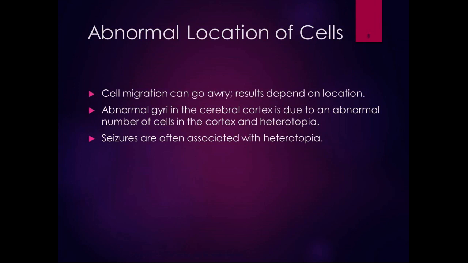So sometimes you get abnormal location of cells, where the cell migration during the formation of the nervous system can go awry, and the results of it depend on the location of the cells. So sometimes you'll get abnormal gyri in the cerebral cortex due to an abnormal number of cells in the cortex, and heterotopia, which is abnormal location of cells. Seizures are often associated with this particular defect.